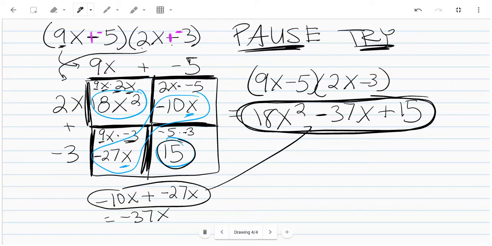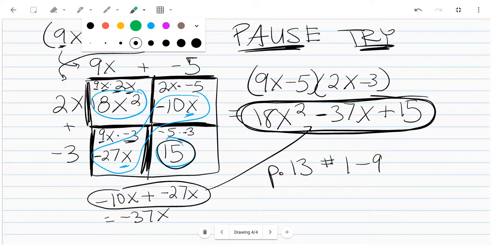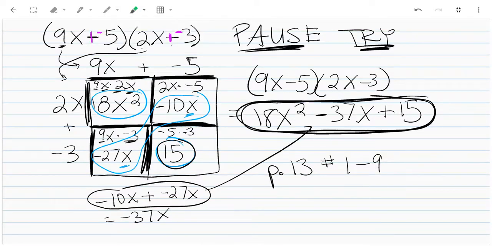So hopefully that was enough to help you get through the next. So the next stuff you're going to work on is page 13, numbers 1 through 9, and you'll get good at this. These numbers I'm going to highlight, and let's go in green. These numbers up here, this is just for organization to help you remember what you're multiplying.